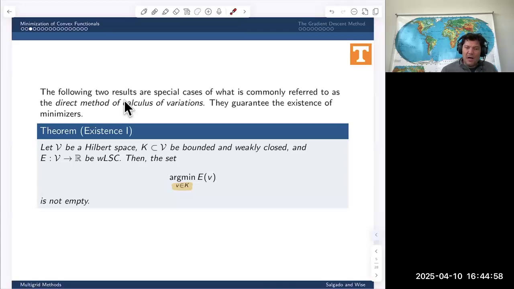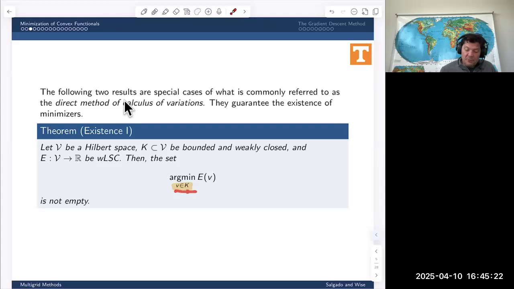And it explains why people were so interested in defining these things called weakly lower semi-continuous and lower semi-continuous and weakly closed and all that gibberish. It turned out to be quite useful. It's kind of the minimum requirements that you would have on a function so that you'd know that you always have a minimizer for that function.